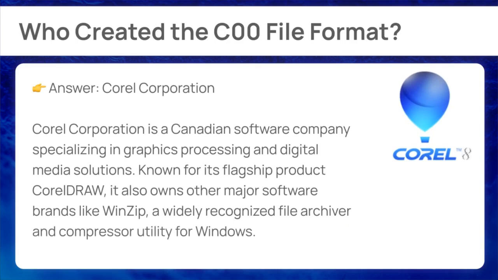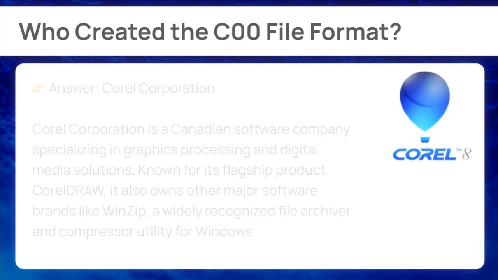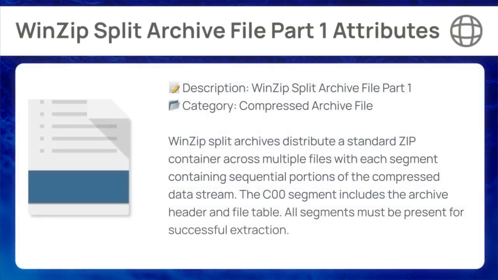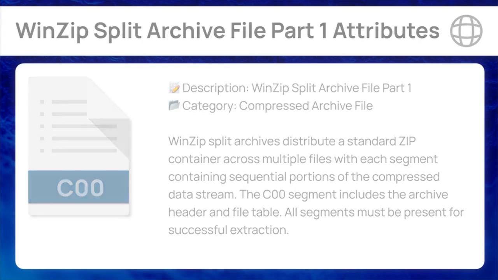Subsequent parts use extensions C01, C02, and so on, with the final part typically having a zip extension. WinZip split archives distribute a standard zip container across multiple files, with each segment containing sequential portions of the compressed data stream. The C00 segment includes the archive header and file table. All segments must be present for successful extraction.